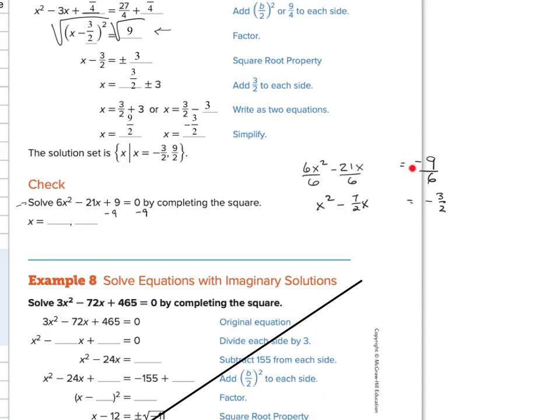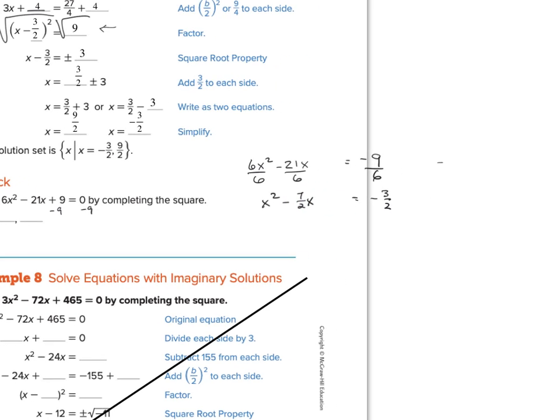I went ahead and subtracted 9 to both sides, divided by 6 so I can get x squared. And then here we have to find half of this and square it. Well, half of negative 7/2 times 1/2 is negative 7/4. So negative 7/4 squared is going to be 49 over 16. If you add it to one side, you must add it to the other.